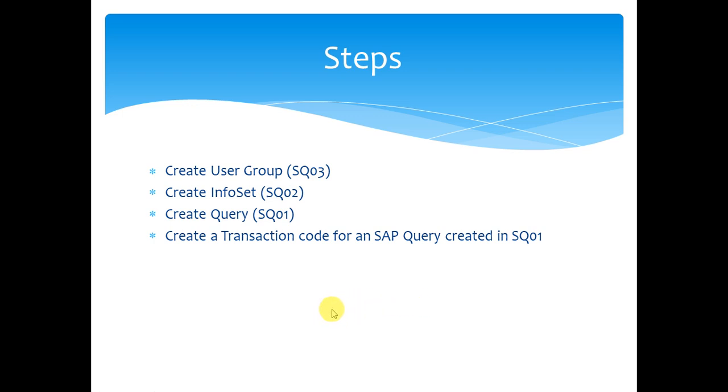Under the user group we define the users who can access infosets and SAP queries. Then to create an infoset we use transaction code SQ02. This infoset consists of a data source under which we include multiple tables, the linkage between those tables and the required join conditions.